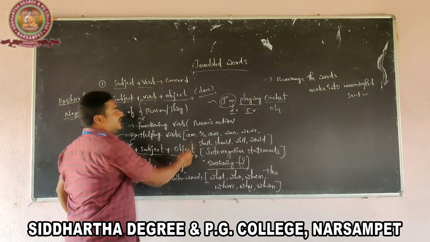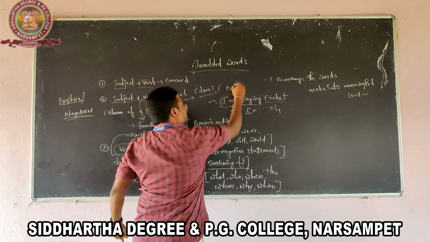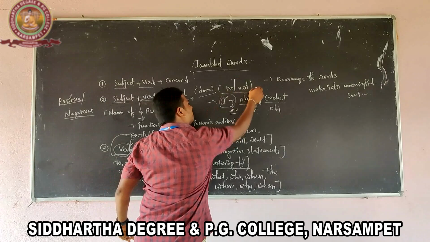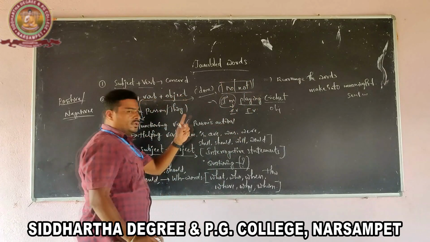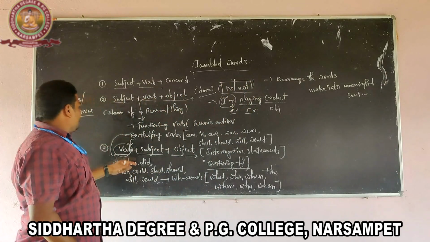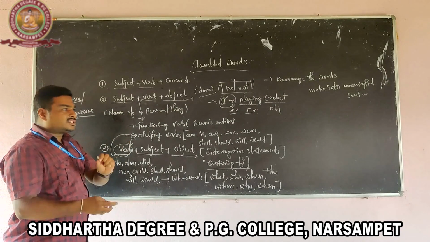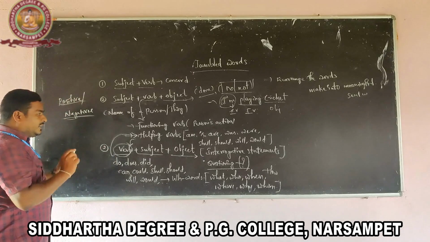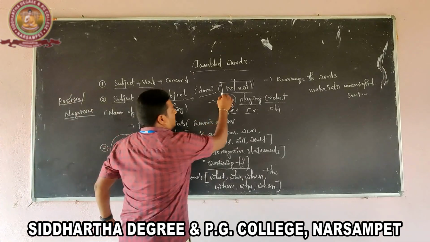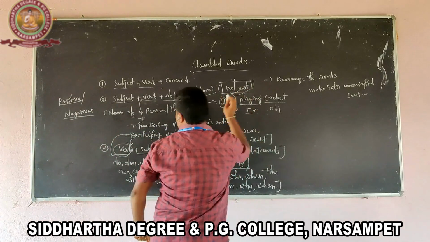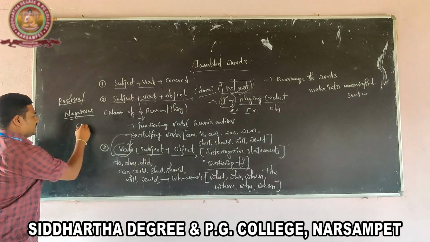In the given structure, there are no negative words like no and not. The identification of a negative statement depends on the given words: if there are no and not, that is called a negative statement.